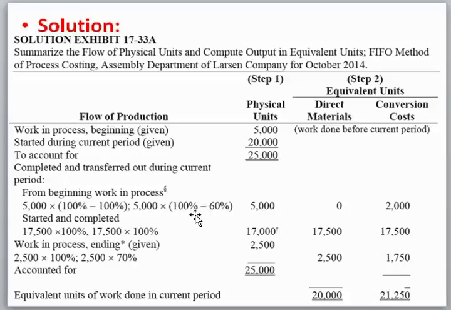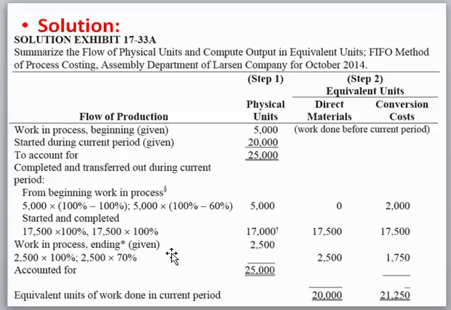So the conversion cost, 40% multiplied by 5,000, will be 2,000. This is for the completed and transferred out units from beginning work in process. And then from the started and completed, 17,500 multiplied by 100% will be 17,500, and 17,500 multiplied by 100% for the conversion cost will also be 17,500.